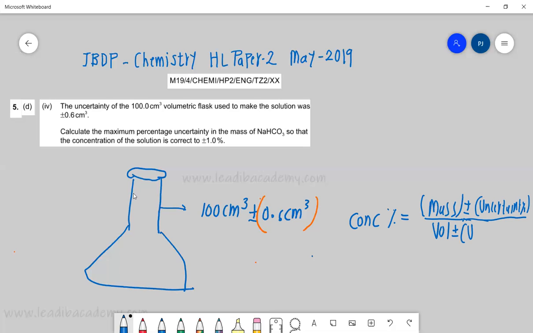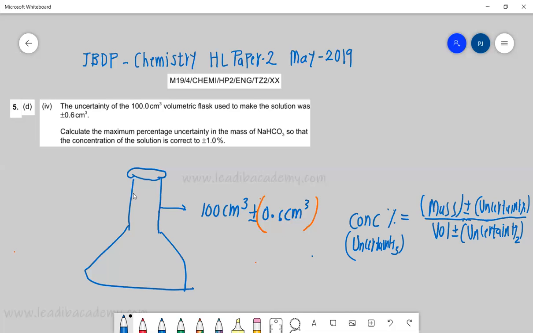In volume, there is uncertainty 2 percentage. And we are trying to calculate what will be the uncertainty in concentration. So this is uncertainty 3.